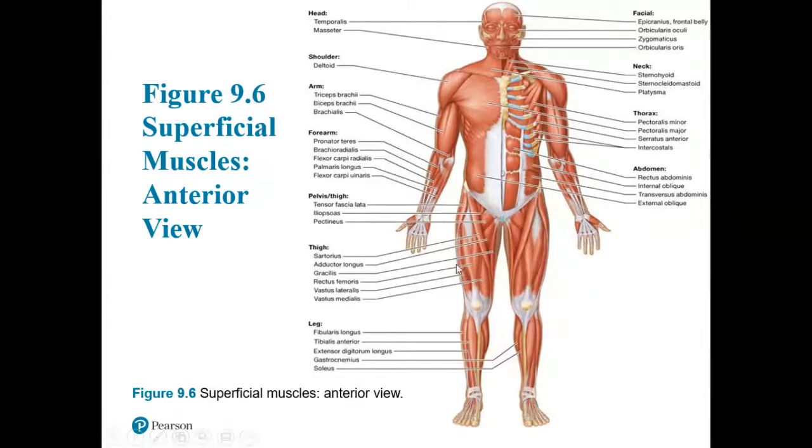Again, those are collectively known as the quads, but they're mostly made up of rectus femoris, vastus lateralis, and vastus medialis, right? What do they do? Well, they insert onto the proximal end of the femur. All right, so they're going to go ahead and insert up here on the femur.